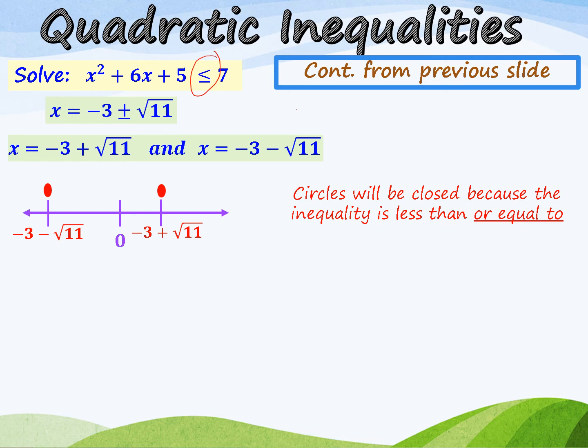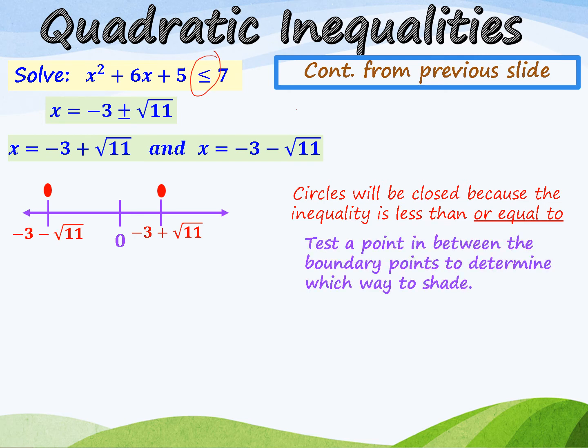So I come up with 0. So I'm going to substitute in 0 to tell me which way I'm going to shade. So 0 squared is 0, plus 6 times 0 is 0, plus 5. So is less than or equal to 7. So 0 plus 5 is 5.